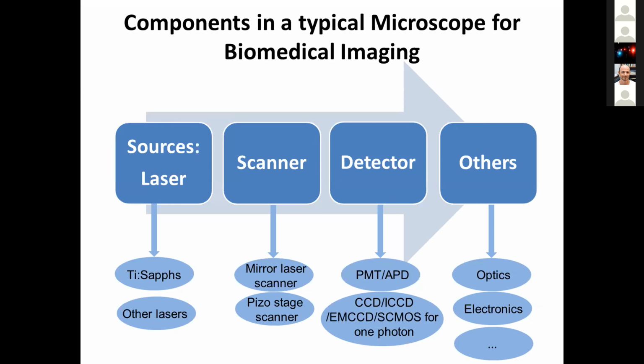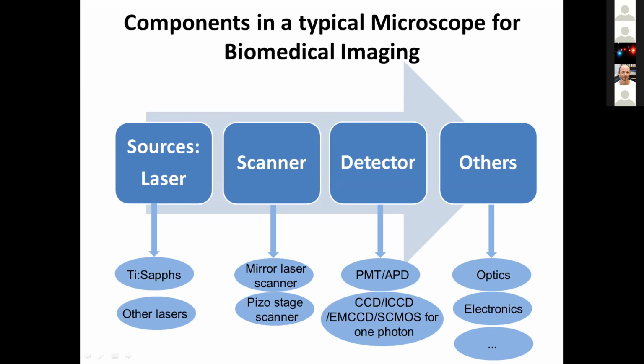So, what do we need for doing fluorescent microscopy? Well, of course, we need a source of light. In our case, for confocal raster imaging, we will use lasers. We will need to move the beam, so we will need to use a scanner or some other strategies like a piezo stage.